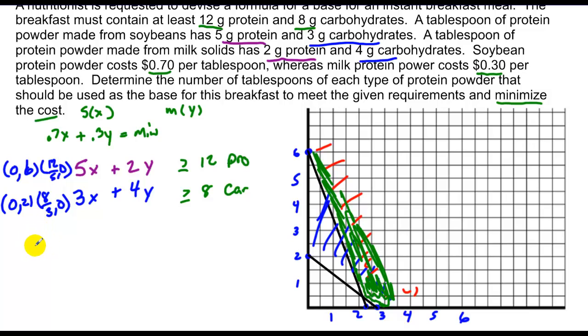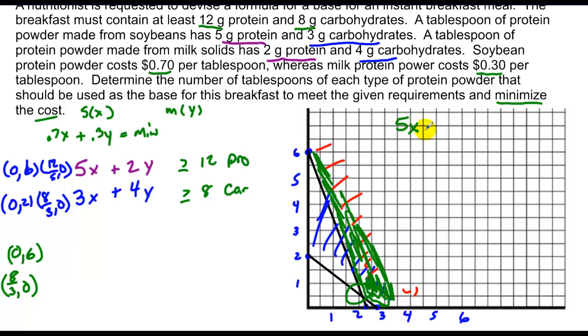One is 0, 6, I'm sorry. Another is this point right here, which is the bigger of the two x-intercepts, so that's 8/3 and 0. And then I'm going to need to find this other intersection point here, which is the intersection of these two lines.